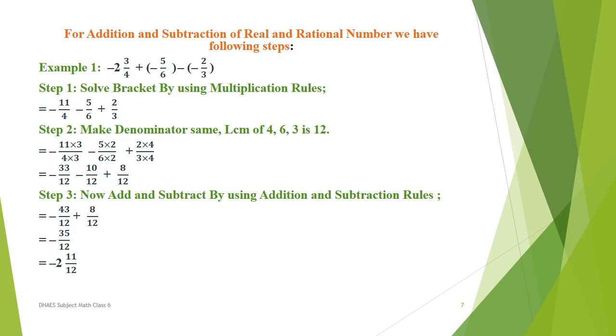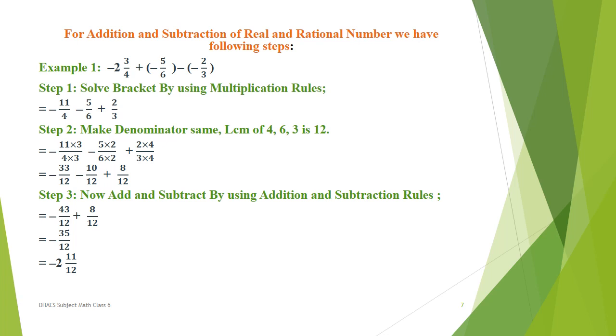For addition and subtraction of real and rational numbers, we have the following steps. An example is given: minus 2 whole 3 by 4 plus bracket minus 5 by 6 minus bracket minus 2 by 3. First we solve the brackets by using the multiplication rule and convert the mixed fraction into a fraction.